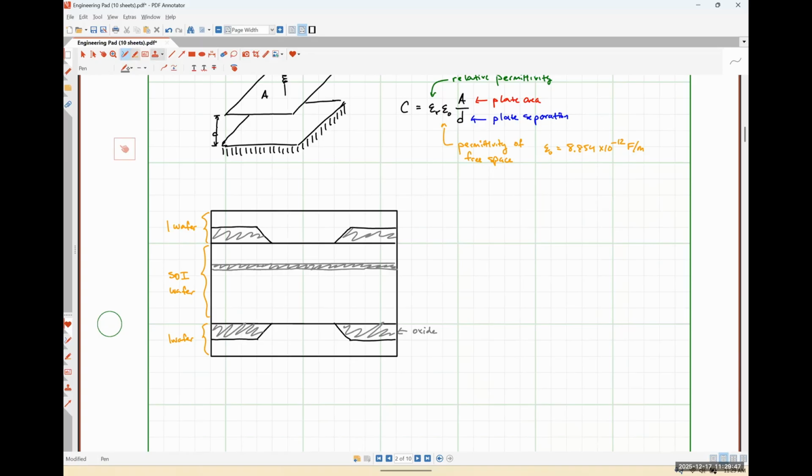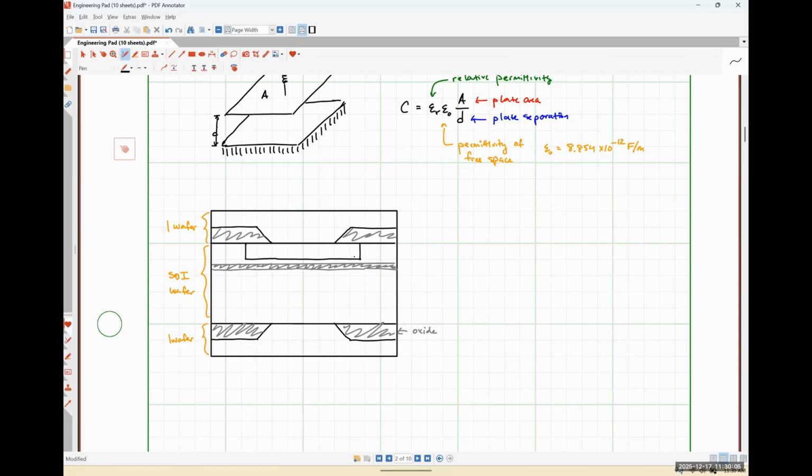And I'm going to form some type of suspension system here. So I'm going to have this drop down, like so.